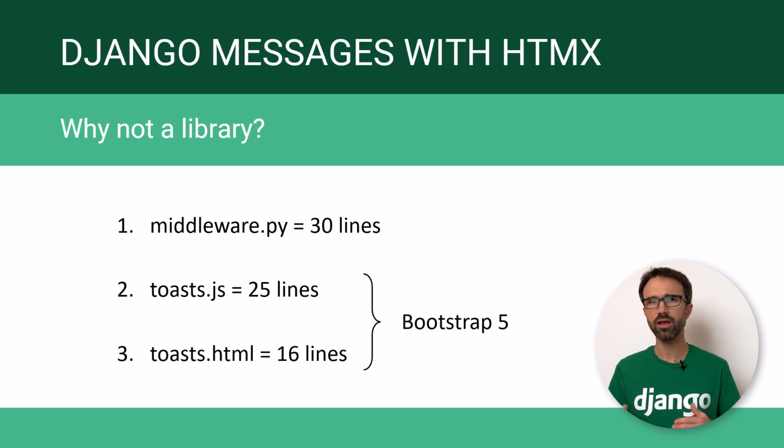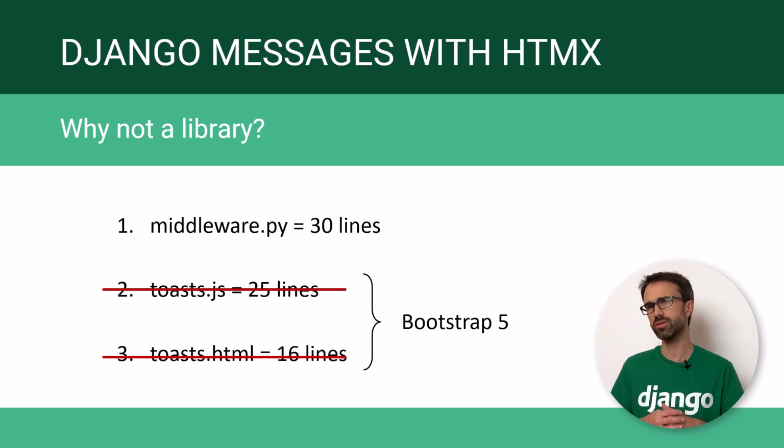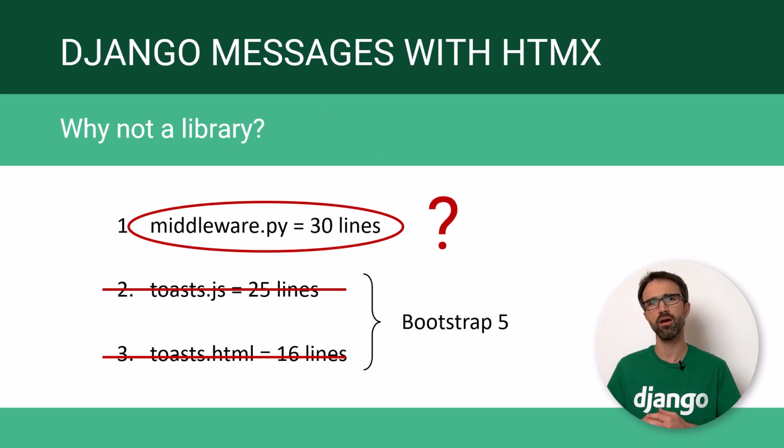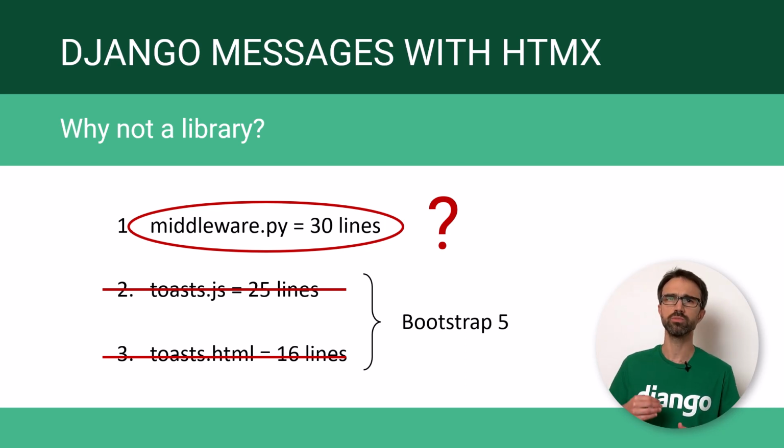So we cannot include these files as part of a reusable solution. Now that leaves us with only one file, middleware.py. Now, is it really worth making a library for a 30 lines file? I'm not sure. Personally, I see every project dependency as a liability, so every library that I use must bring a lot of value, and I don't think it cuts it in this case.